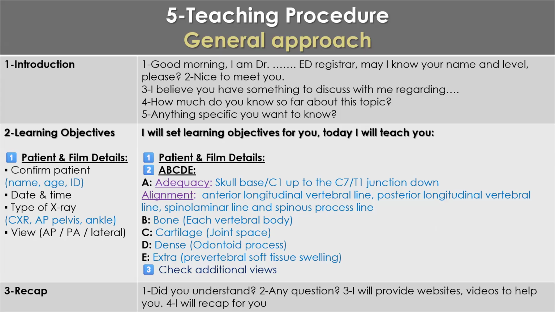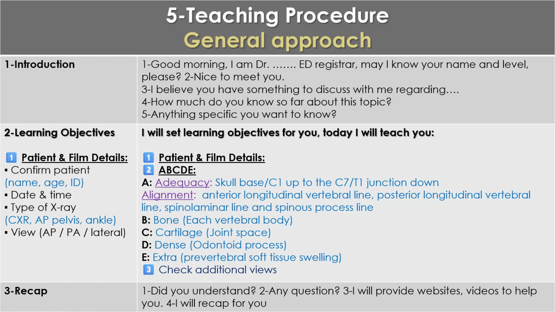We will also discuss the B for the bone, each vertebral body, and cartilage, joint space, dens odontoid process, prevertebral soft tissue swelling, and check additional views. Did you understand? You have any question, you can ask. I will also give you details regarding the websites and videos, and I will recap for you.